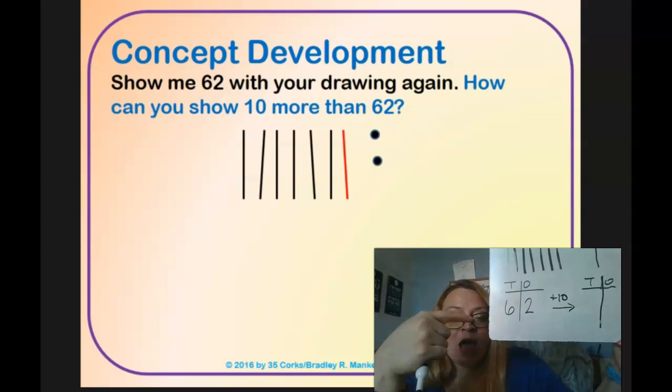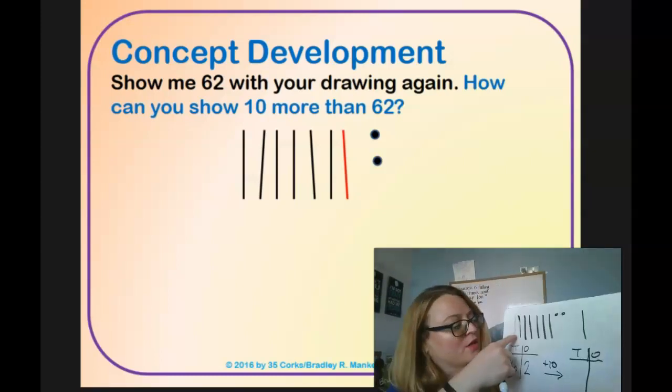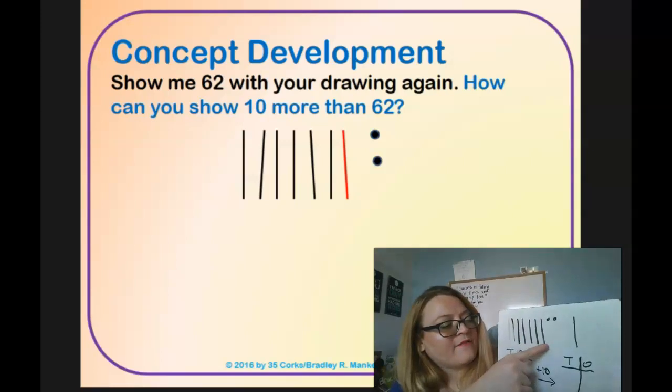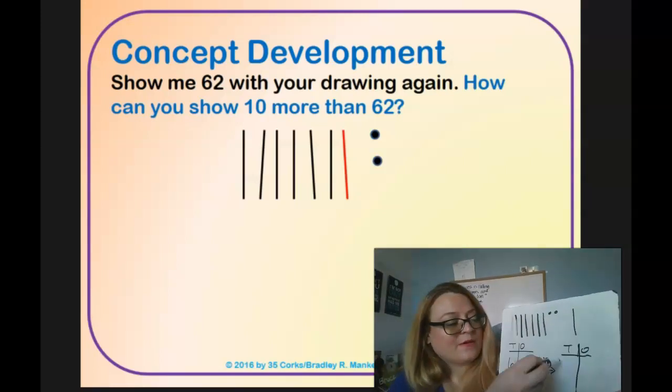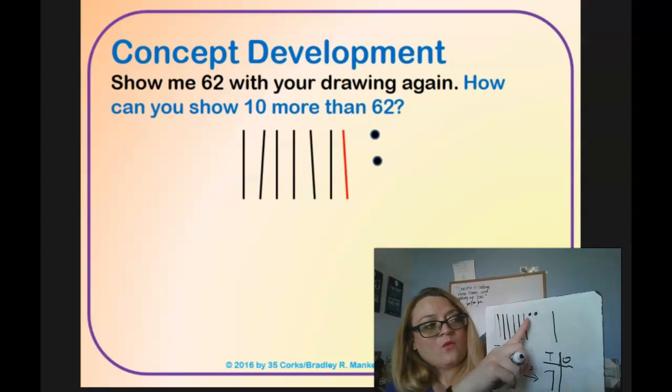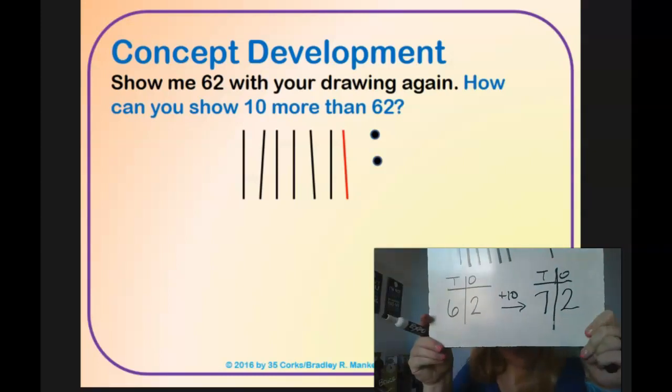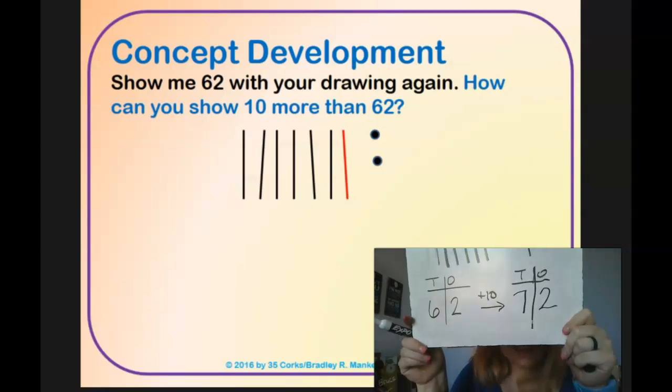I'm going to count my tens first. 1, 2, 3, 4, 5, 6, 7. So now I have 7 tens. 1, 2, 2 ones. What's my new number? 72.